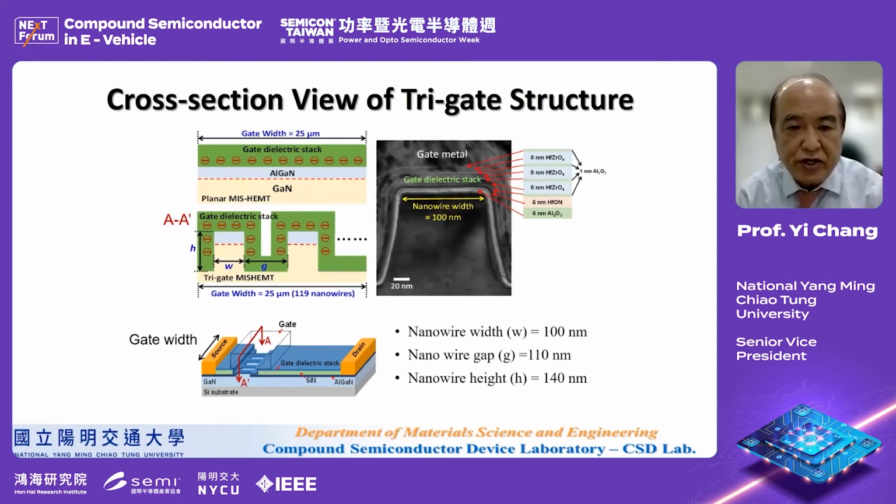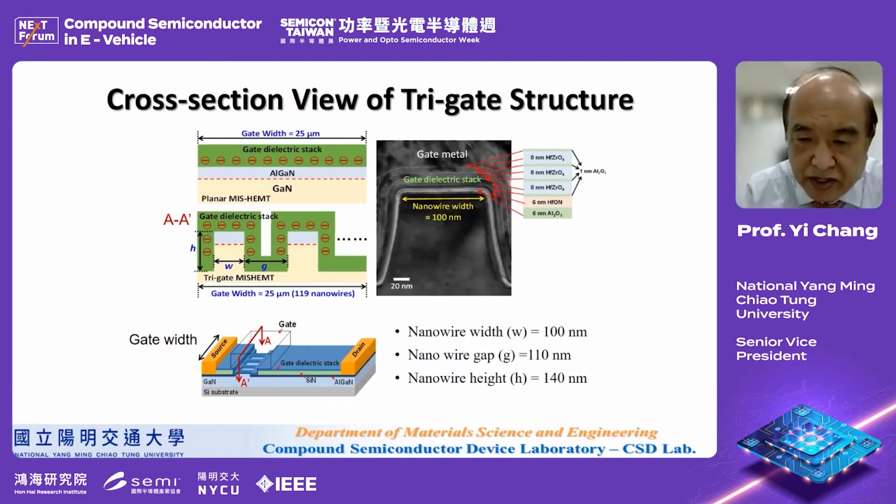Again, this is a cross section of one finger, and you can see the multi-layer hafnium zirconium oxide ferroelectric layer, and then on top is the gate stack. The nanowire width is about 100 nanometer, the nano gap is about 110 nanometer, and the nanowire height is about 140 nanometer.